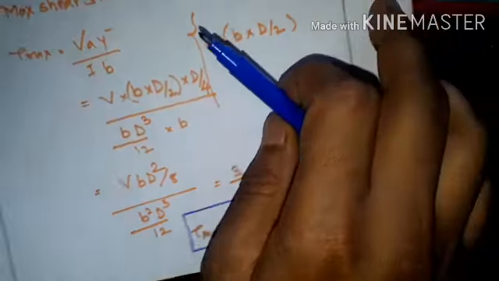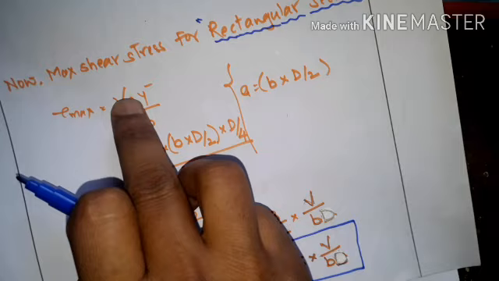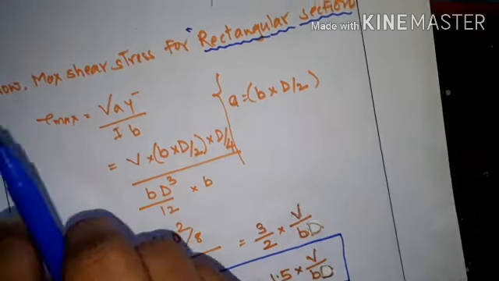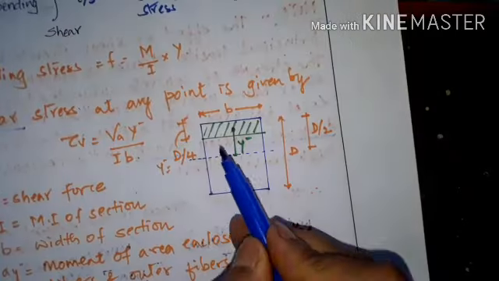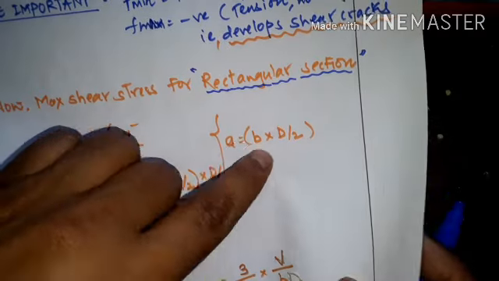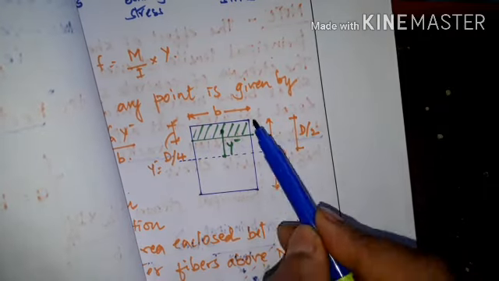So tau max is given by again V A y bar upon I B. Okay, V A y bar upon I B. I'll show you the section once again here. So this is VA. What is the area? The area is B into D by 2.